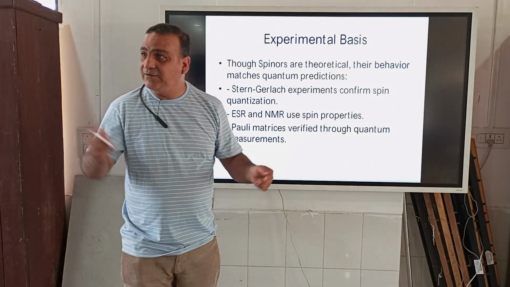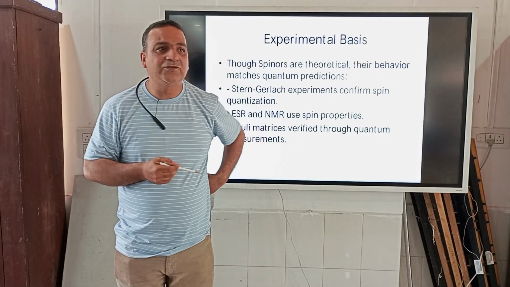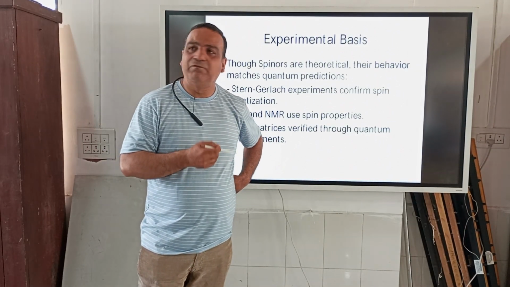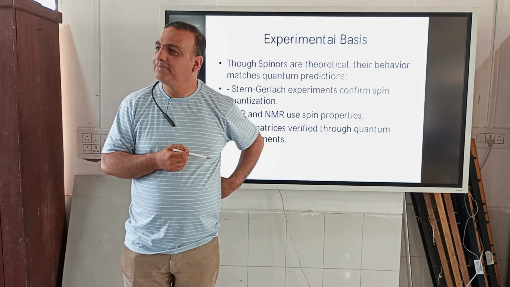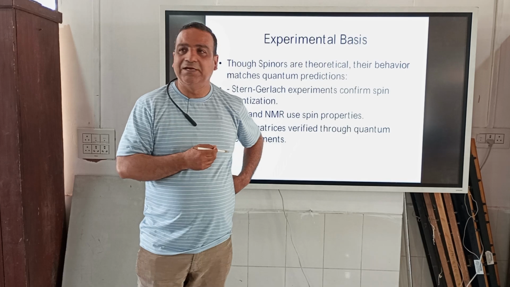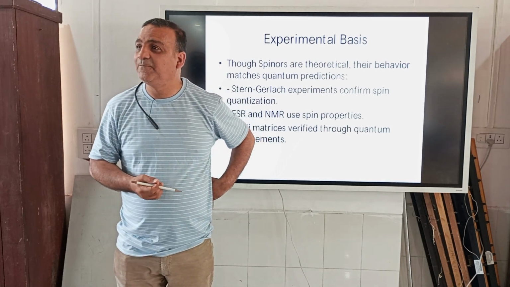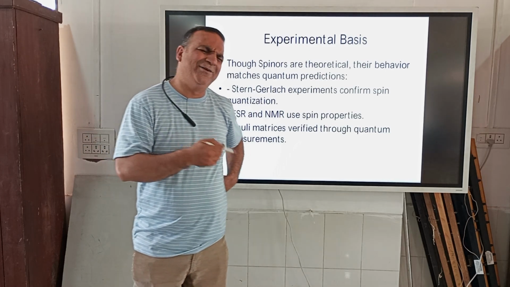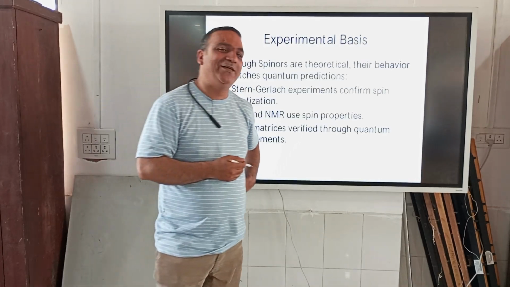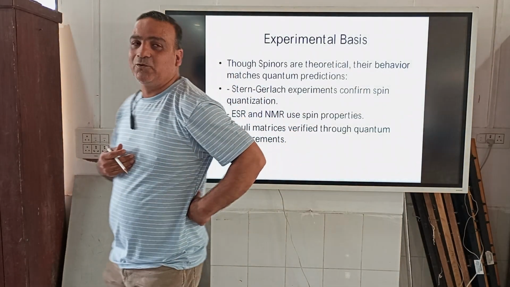ESR and NMR. Come on, can you tell me what's ESR? What's the full form of ESR? In the physics domain, it's also called EPR. Oh, come on, don't tell me the name of that paper, Einstein, Podolsky, and Rosen.